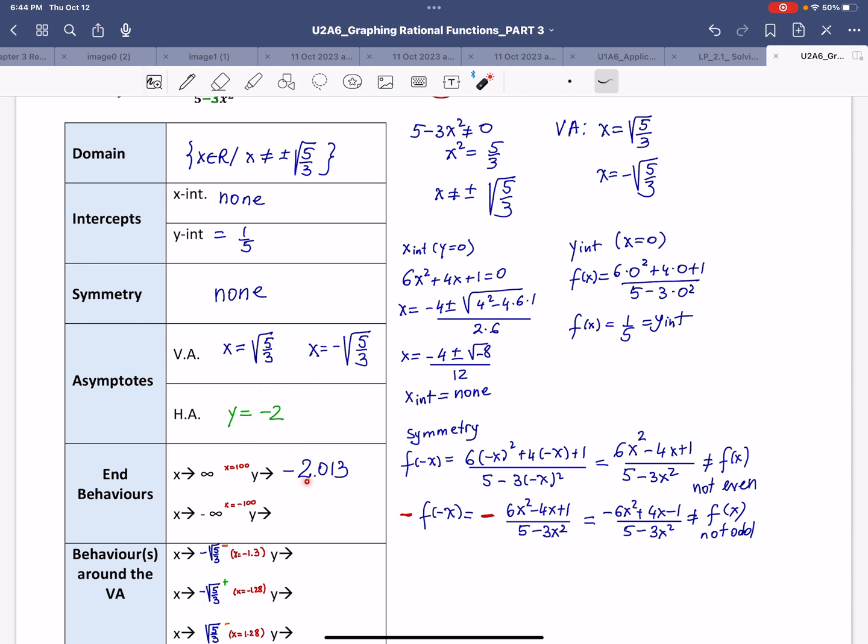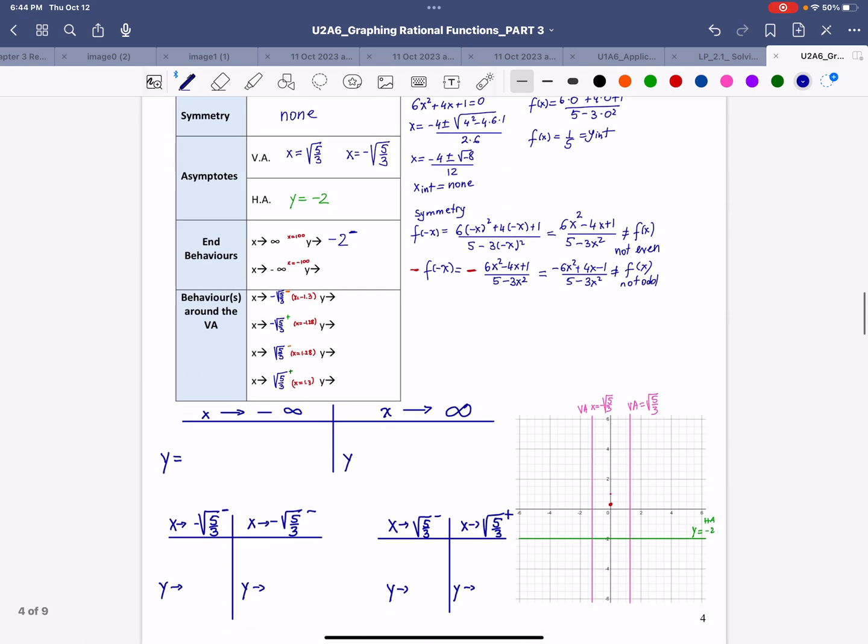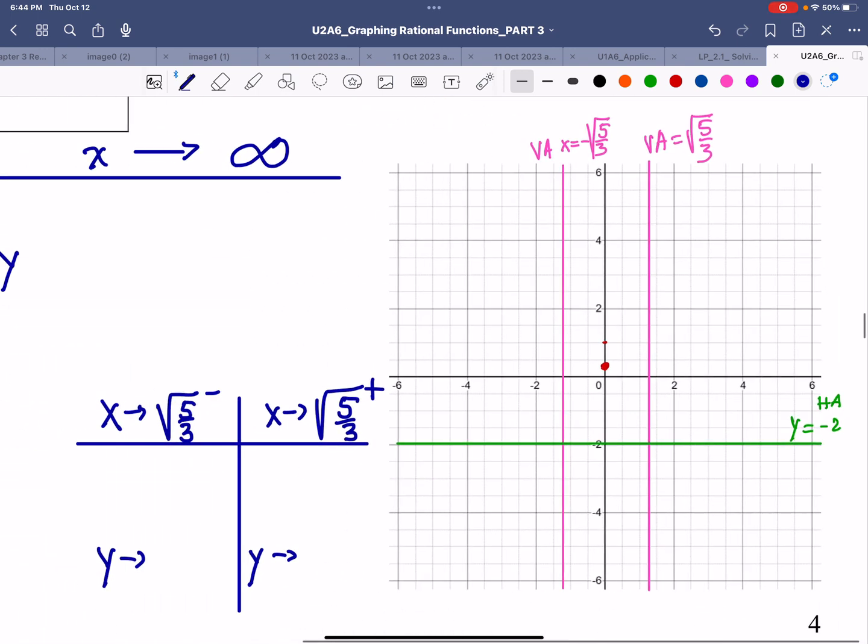So negative 2.013 is more negative than negative 2, which means that it's less than negative 2, which means that the graph of the function, as x approaches infinity, will approach the horizontal asymptote from below. So the graph is going in this direction.